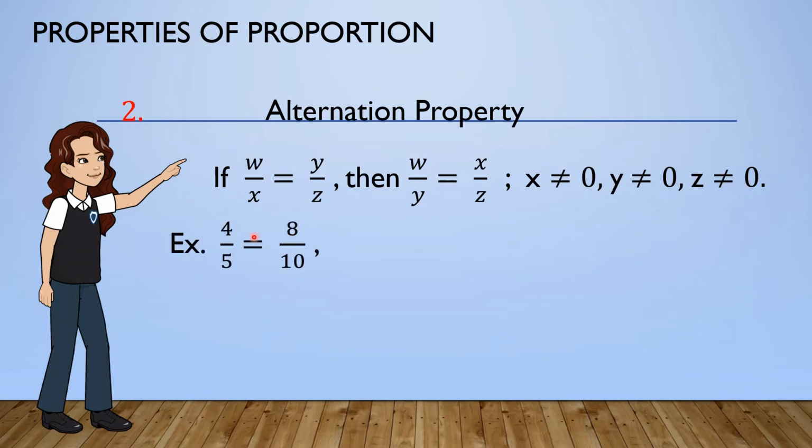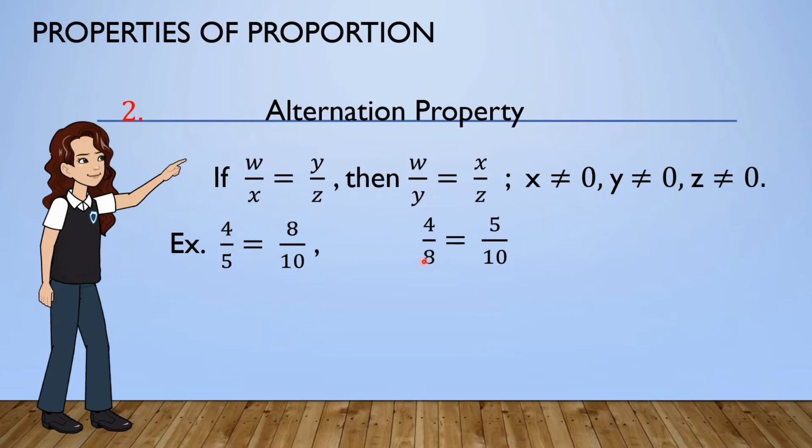Example. 4 over 5 is equal to 8 over 10. This is our example in number 1. So let's write it into alternation. So instead of 4 over 5, you will write 4 over 8.